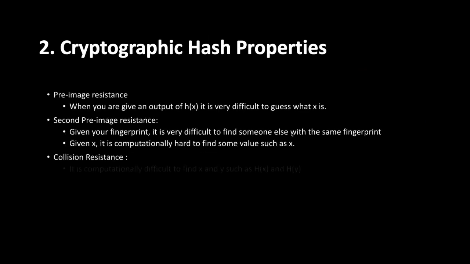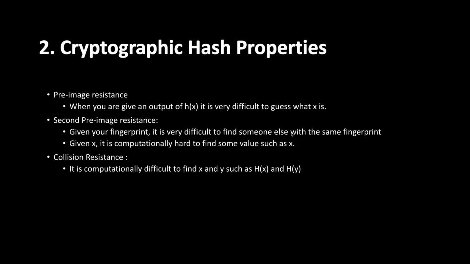There are a few properties of cryptographic hash functions that you should be aware of. The first is that they are pre-image resistant. When you are given an output, the hash of x, it is very difficult to guess what x is. It's also second pre-image resistant. Given your fingerprint, it's very difficult to find someone else with the same fingerprint.